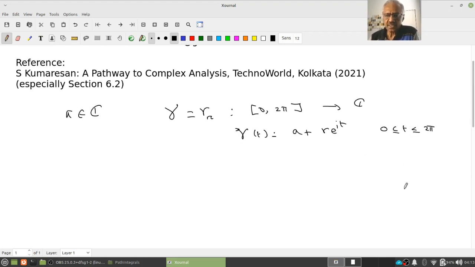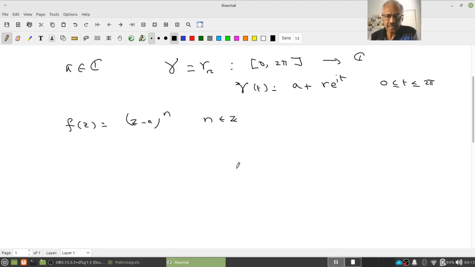So this is a circle centered at a with radius r. And the function we want to look at is f of z equal to z minus a to the power n, where n is any integer.